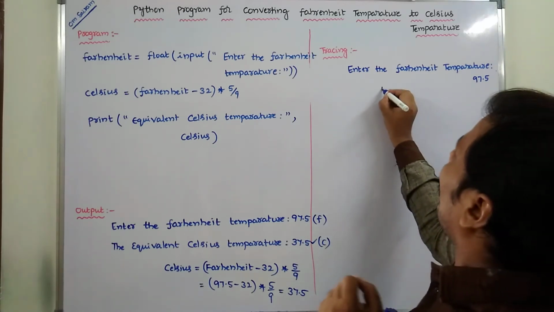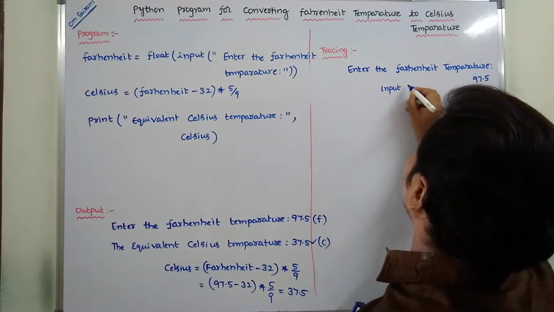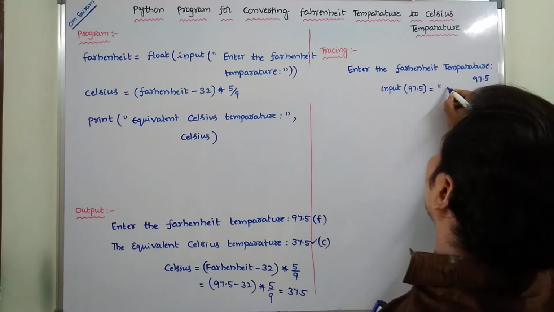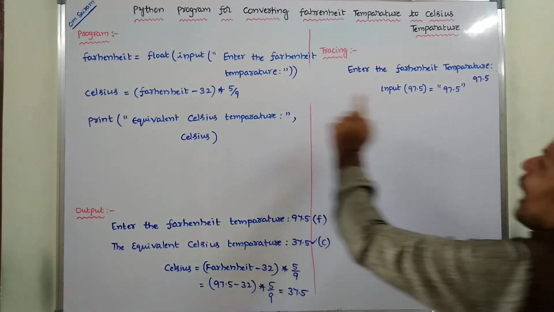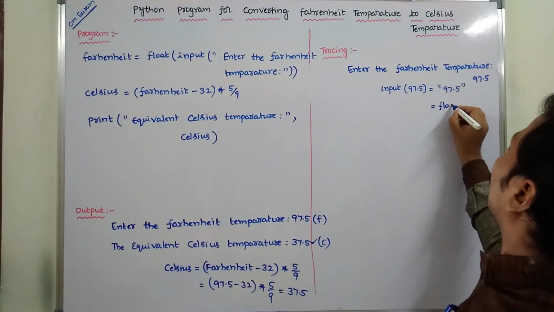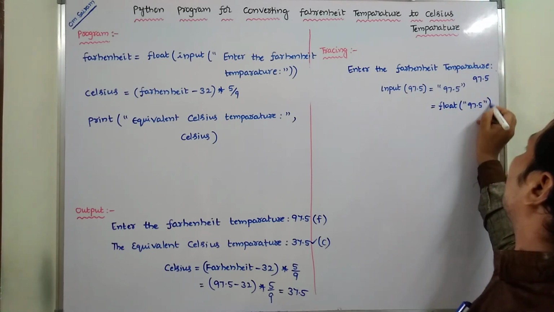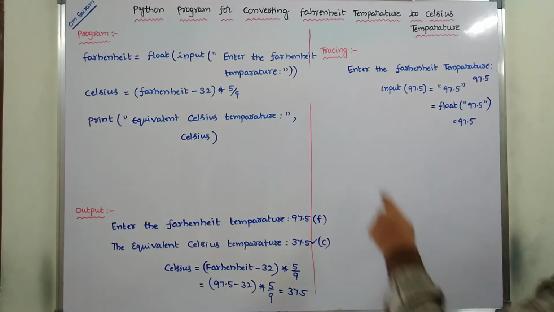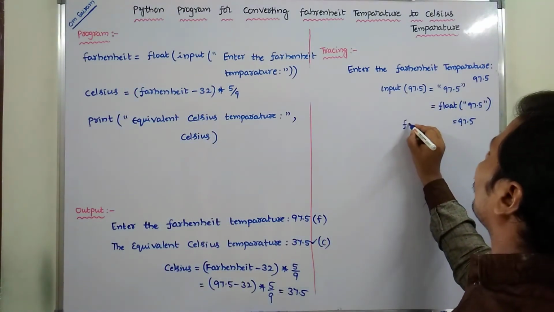Now the input function reads the value entered by the user and converts it into the string "97.5". This string value is taken by the float function. Then float of string of 97.5 is converted into 97.5. This 97.5 value is assigned to the variable Fahrenheit.